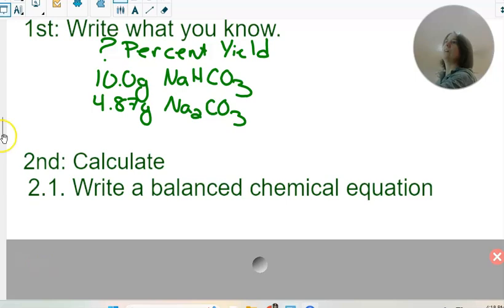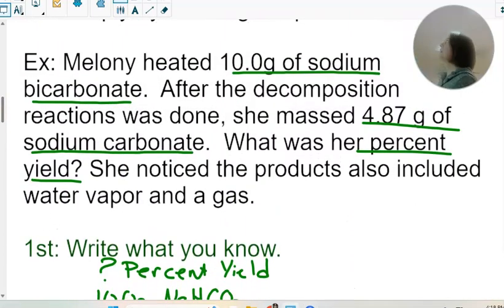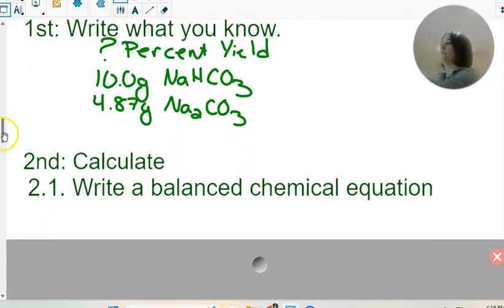Okay, so let's take a look at this. Melanie heated 10 grams of sodium bicarbonate, so we know that that's one of the reactants. After the decomposition reaction was done, she massed 4.87 grams of sodium carbonate. So we know sodium carbonate is one of the products. There's also water vapor and a gas as one of the products.